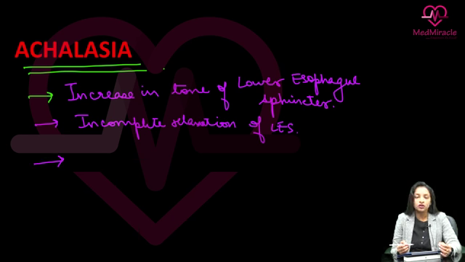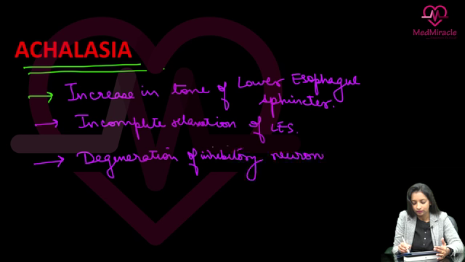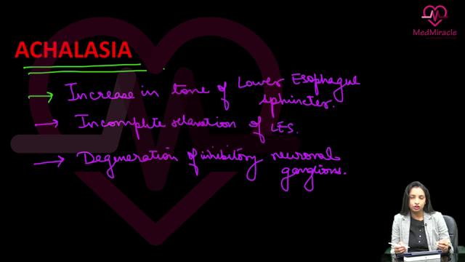It occurs because of degeneration of the inhibitory neuronal ganglions. So the inhibitory stimulation to the normal tone is not there, it is reduced. As a result, there is incomplete relaxation.